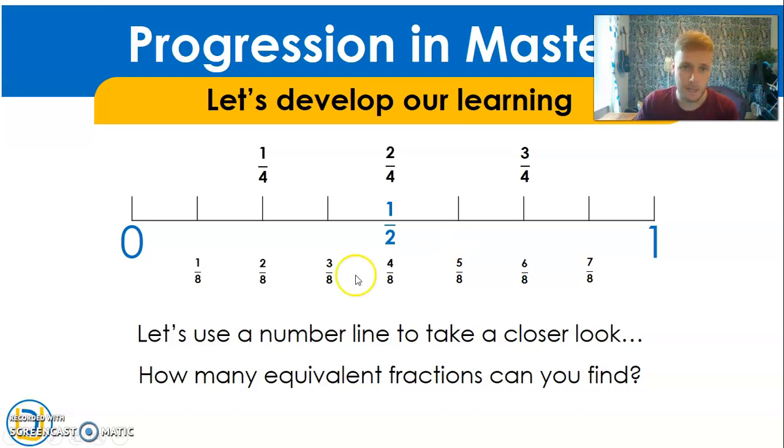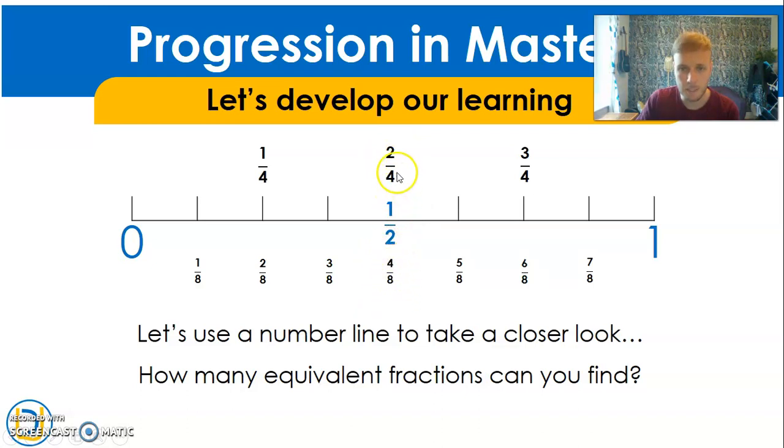Well, if I'm looking at this, I can see that 1/4 is equivalent to 2/8. I can see that 3 quarters is equivalent to 6/8. I can also see that 1/2 is equivalent to 2 quarters and 4/8.